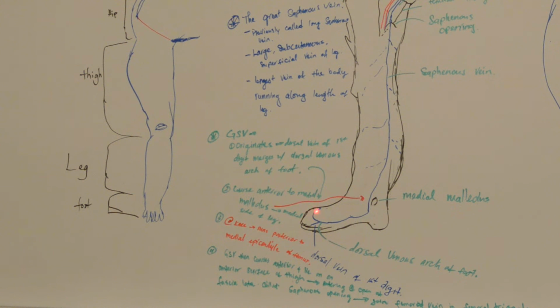When the first dorsal veins right here of the first digit merge with the dorsal venous arch of the foot, the dorsal venous arch of the foot is right here, that forms the great saphenous vein right here, and that vein will course anterior to the medial malleolus.